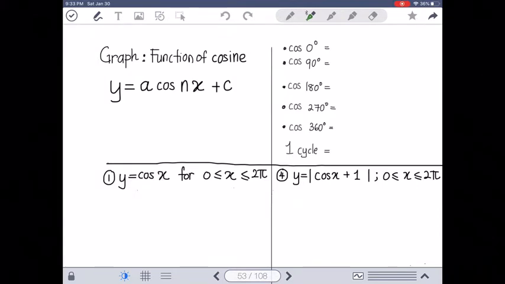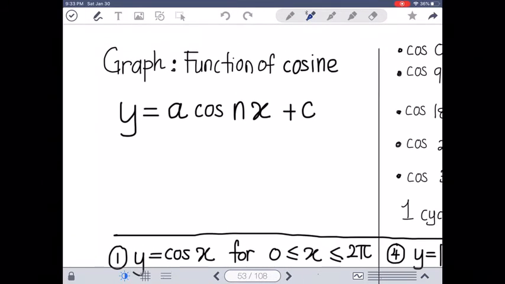Okay. General form. As usual, A is the amplitude, so it means how high or how low the graph is.